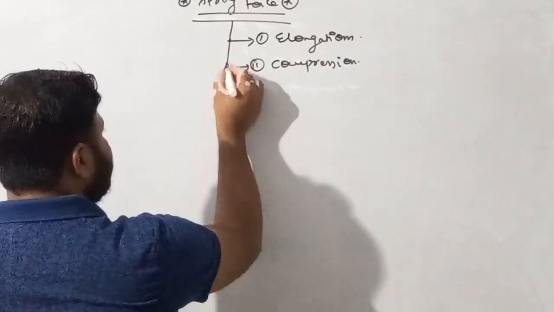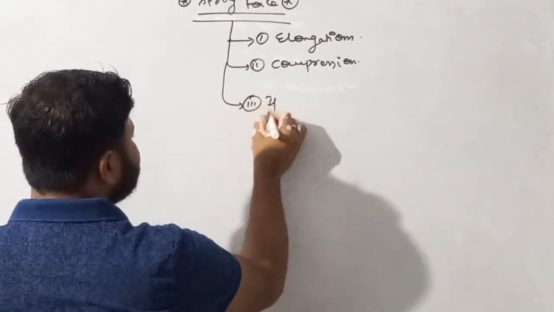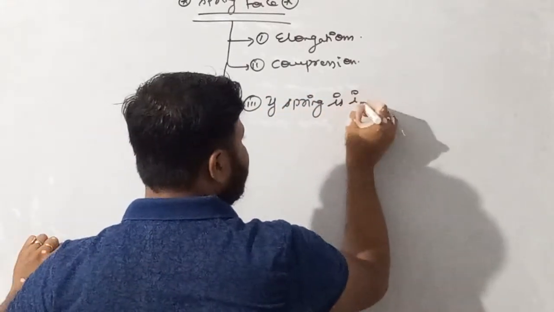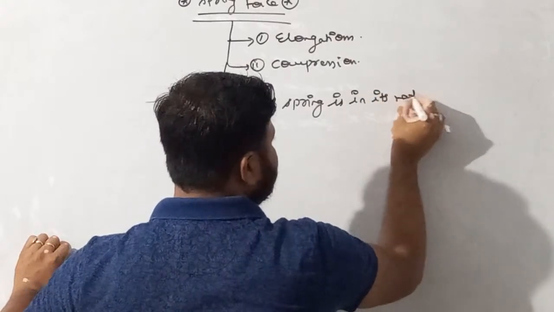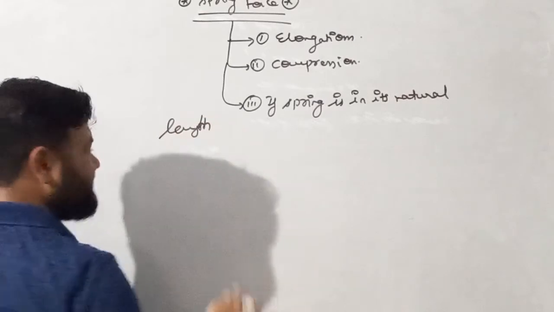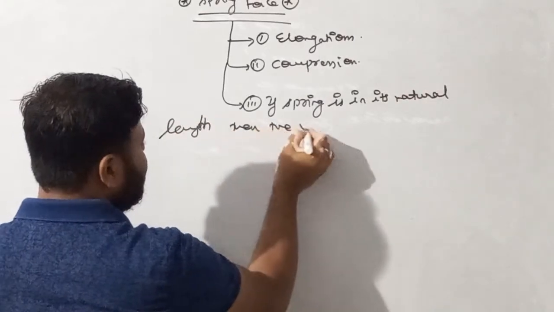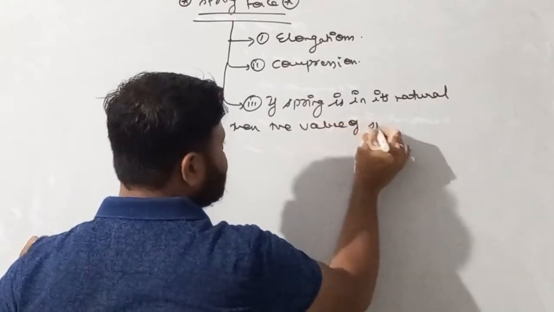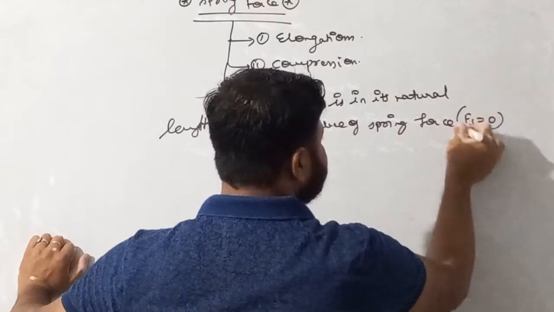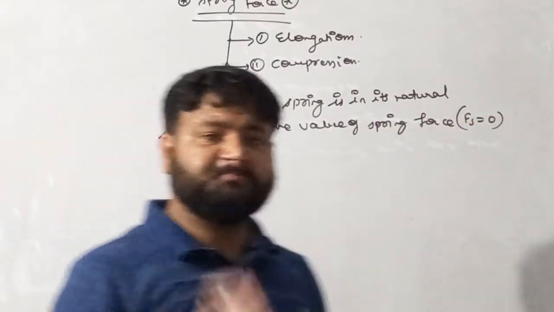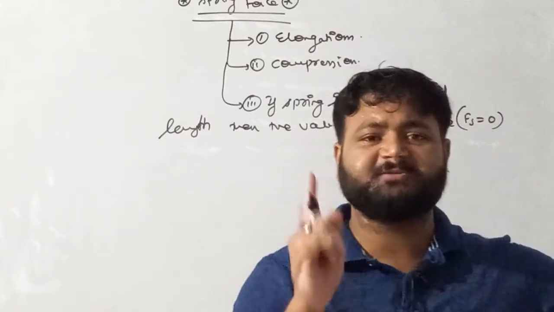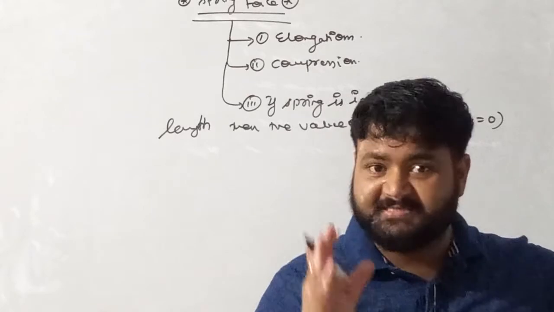Remember the third point, which is very important: if the spring is in its natural length, then the value of spring force is always considered to be 0.